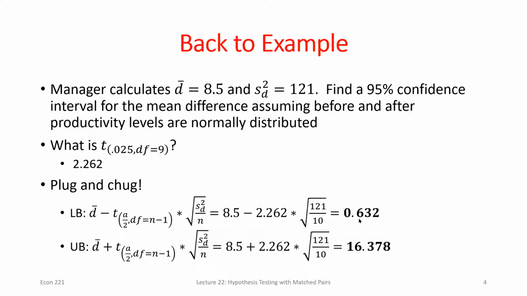Okay. So I've got this range of values, you know, if we can kind of interpret this, 0.6 to 16.37. So the only values are positive. So with 95% confidence here, I could say that the change in productivity was positive, that it increased, right?